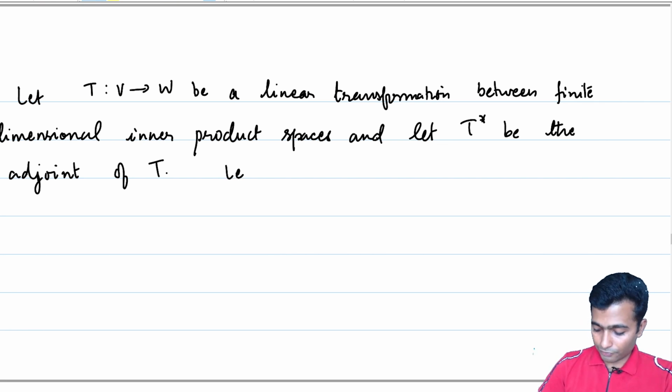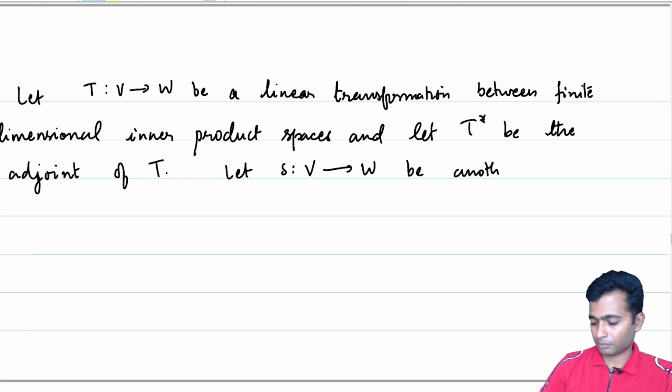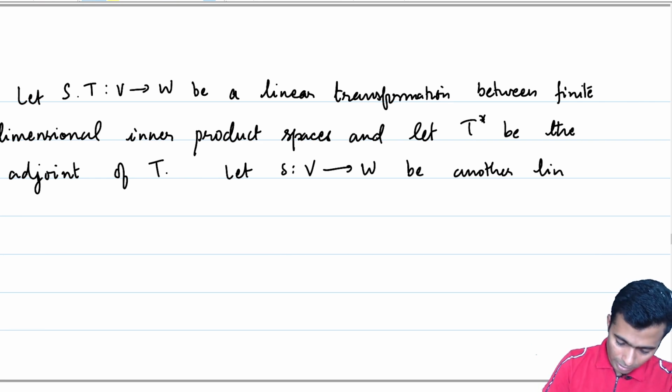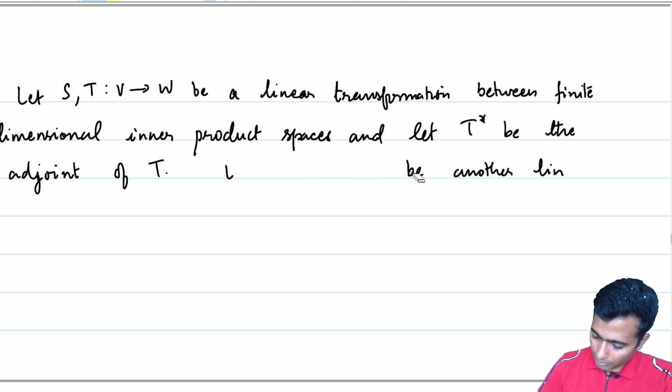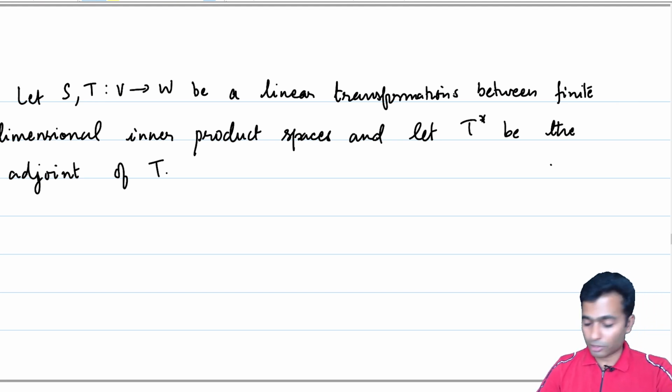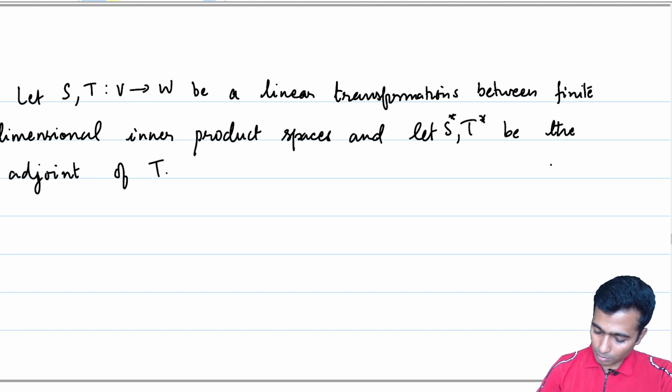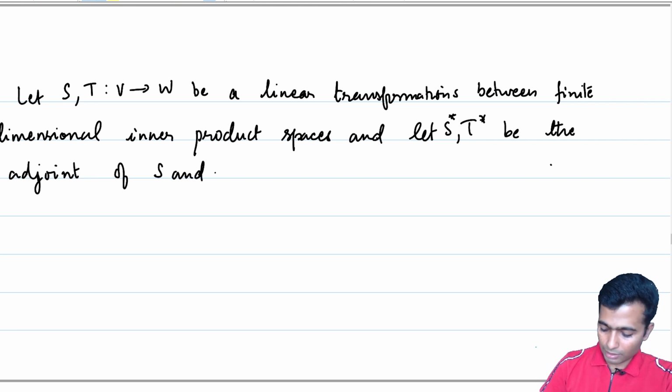Let S from V to W be another linear transformation. Maybe I should have written here: let S, T from V to W be linear transformations between finite dimensional inner product spaces, and let S star, T star be the adjoint of S and T respectively.